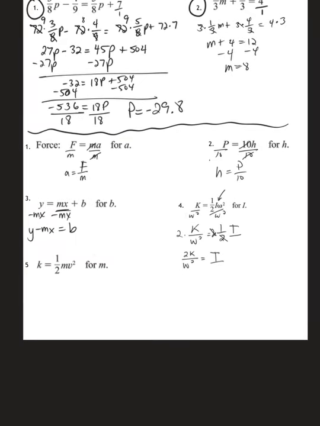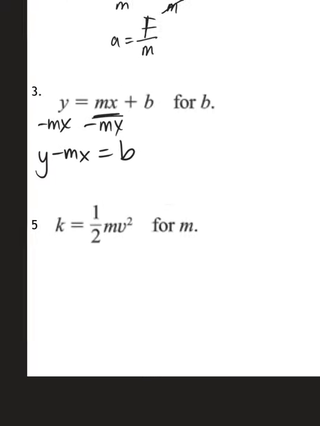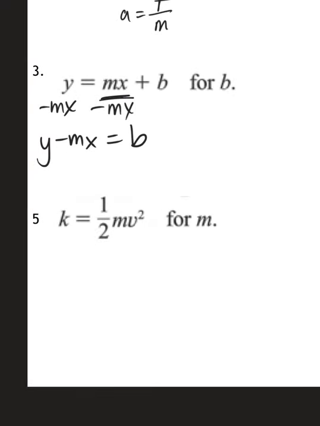Take a minute and do number 5. You're going to be solving for m, very similar to number 4. This time, maybe I will start by getting rid of the fraction and multiplying both sides by 2. So I have 2k equals mv squared.